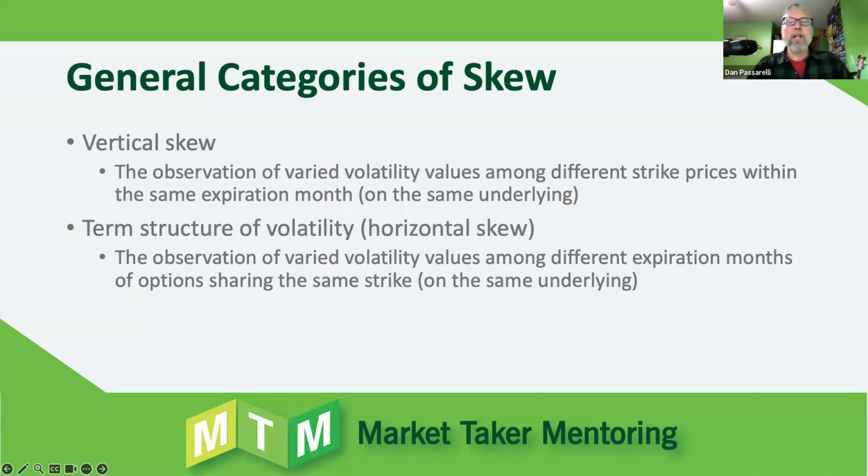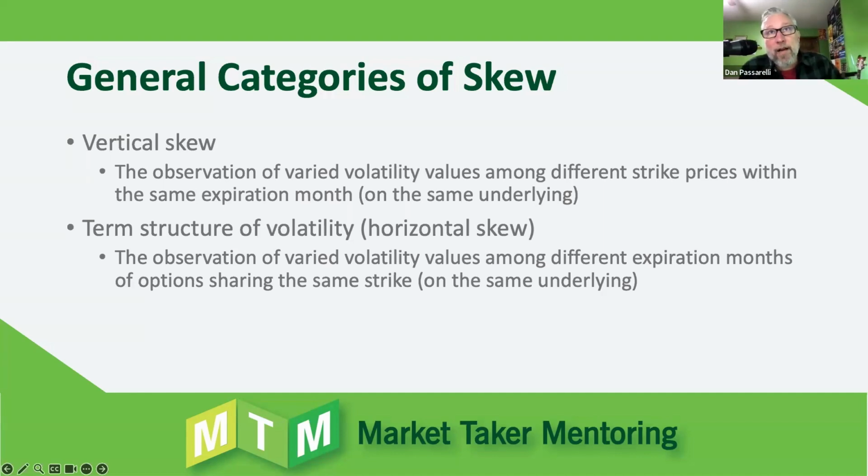And this is something you should know. You might not be able to necessarily observe it on all the platforms that you might use, but the concepts are very important. Vertical skew is the observation of varied volatility values among the different strike prices within the same expiration or on the same underlying.